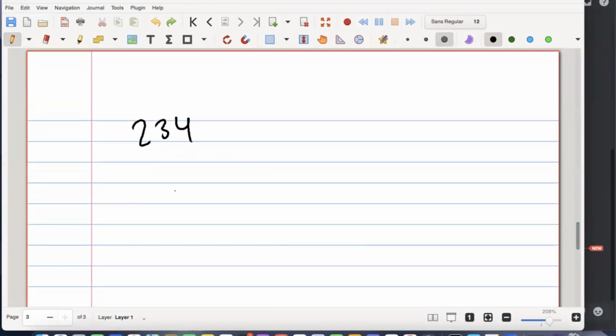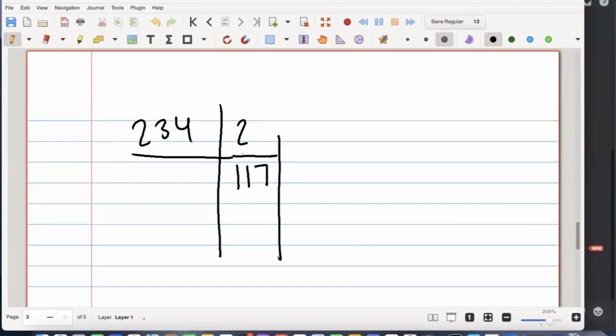So we have 234. We're gonna divide that by 2. This would be 117. We have 117 times 2. This is gonna be 234. So if we do the subtraction, that's 0. I finally figured it out, I think.